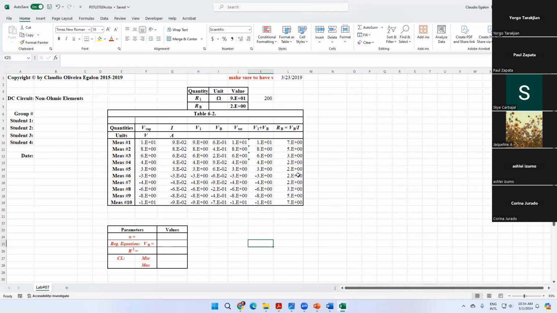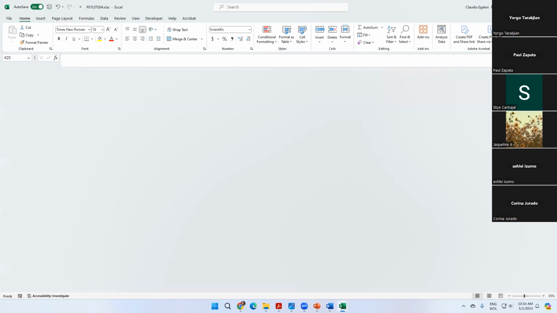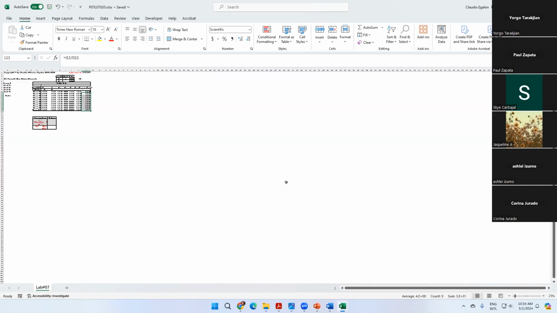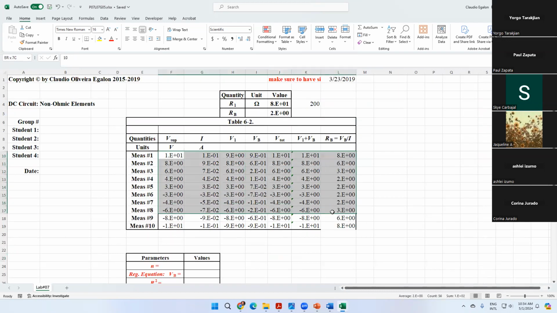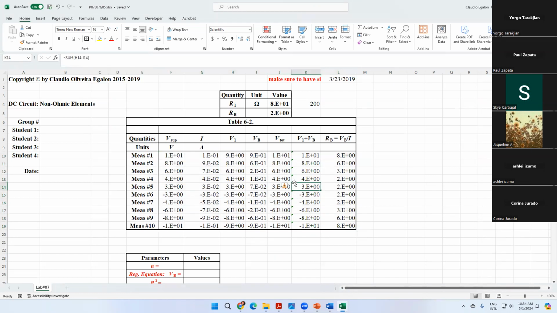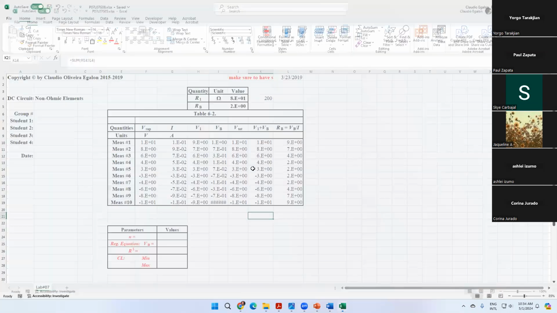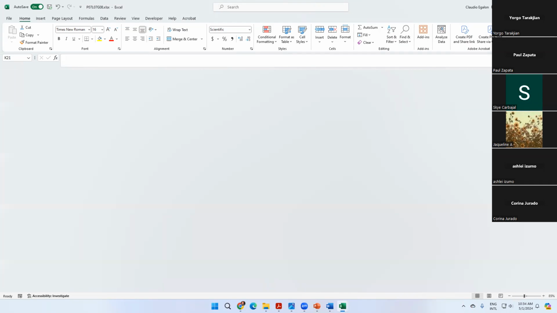This experiment is going to be very similar to that of the single resistor.